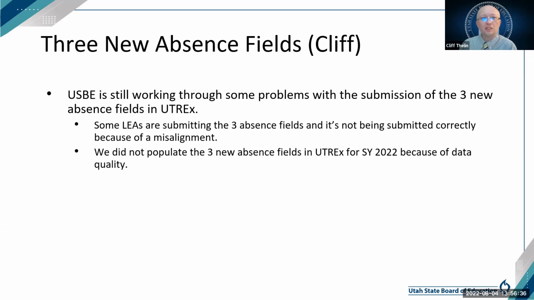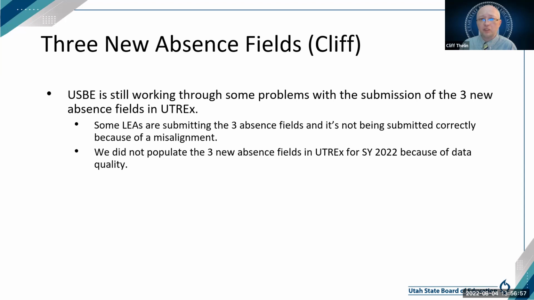So USBE is still working through some of the problems with the submissions of those 3 new absence fields. Some LEAs are submitting the 3 absence fields and it's not getting into our system correctly because of a misalignment.